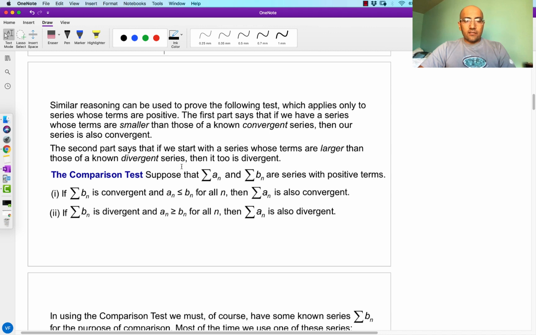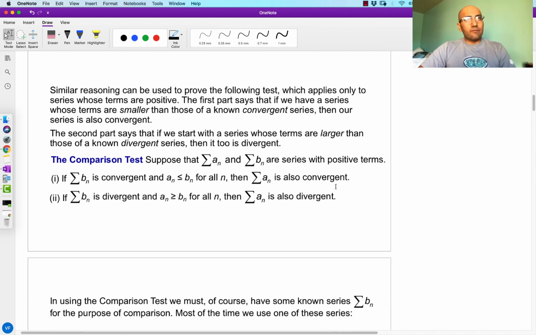So the comparison test. Suppose that the series A sub n and the series B sub n are series with positive terms, right? So each individual term is positive. Otherwise, this doesn't apply. All bets are off if we got some negatives in there. But if they're all positive, then we can establish this comparison test.